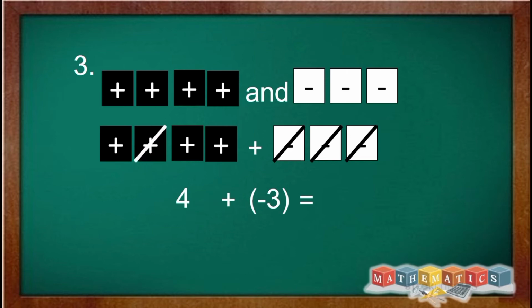Therefore, the remaining tile will be only one positive tile. So, it is written as 4 plus negative 3, which is equal to 1.